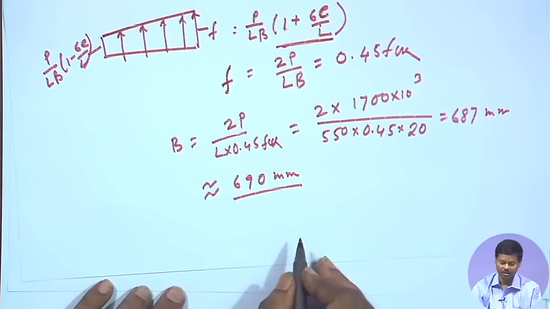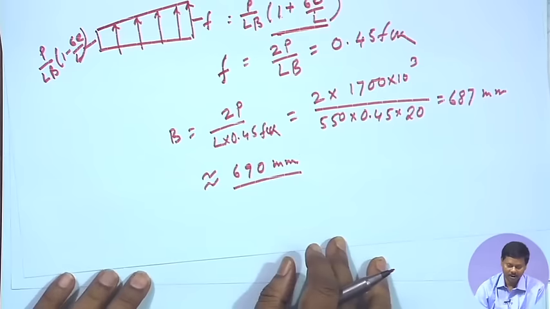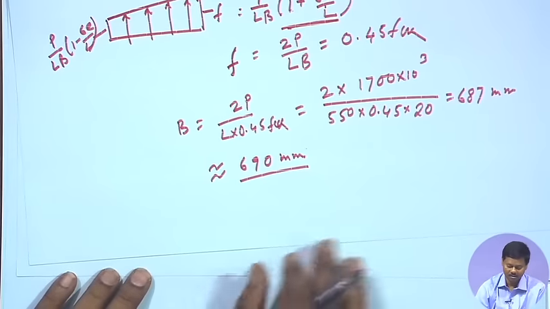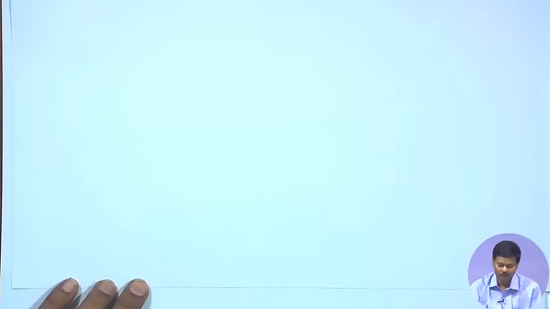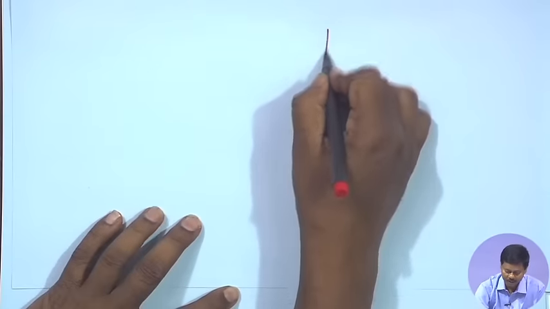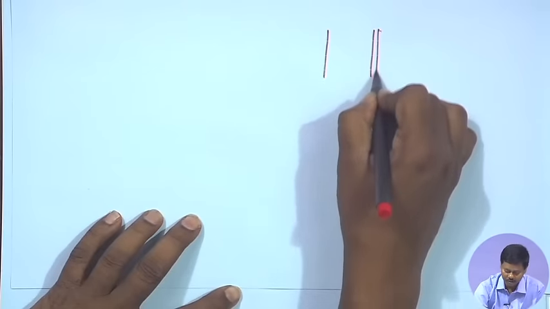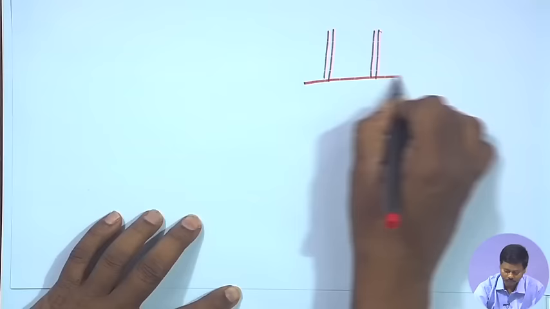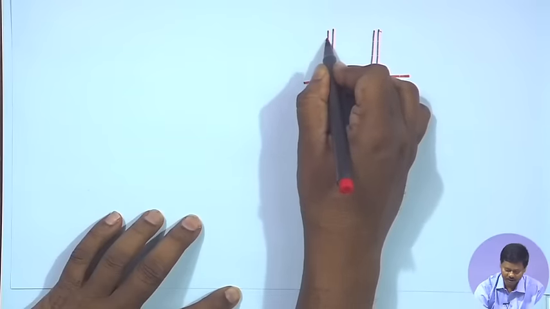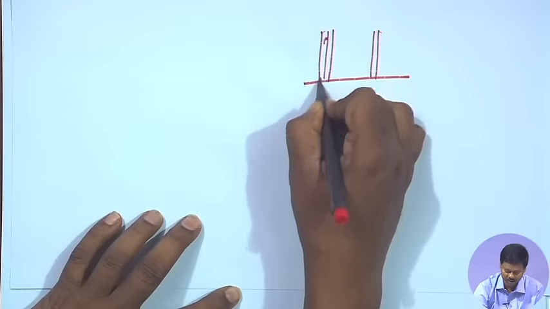Then we will find out the projection. To find out the projection, if we draw the diagram, say this is the column. Now, it has an angle and a gusset plate.